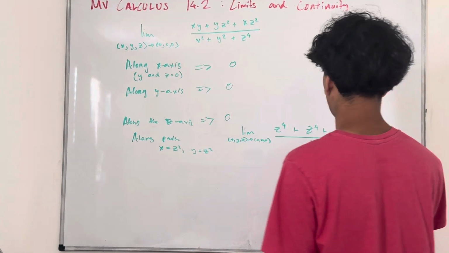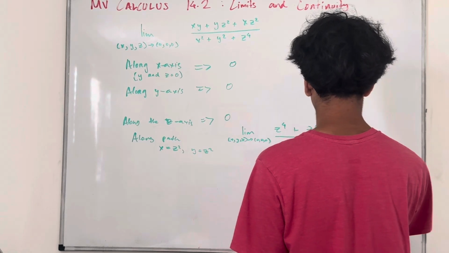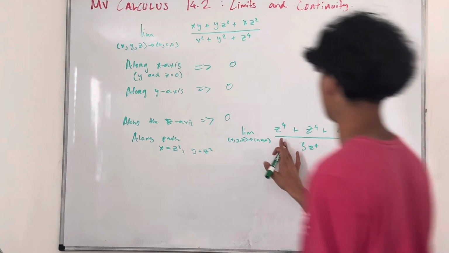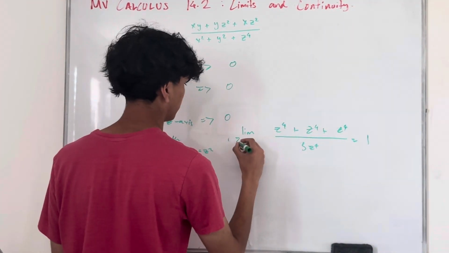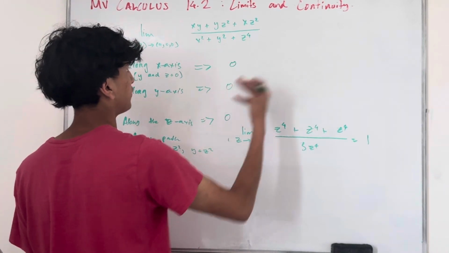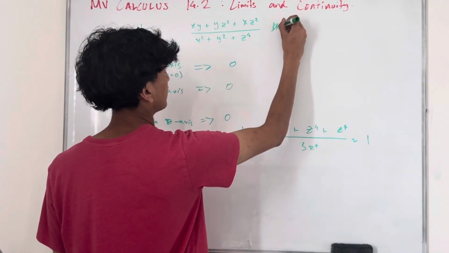I'm squaring those. I get 3z to the 4th, and that limit would end up just equaling 1. Oh, and I'm sorry, this is really the limit as z approaches 0. So now this doesn't match my other path, so I know the limit does not exist.